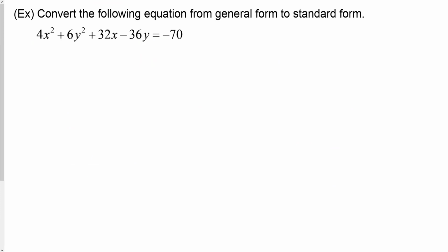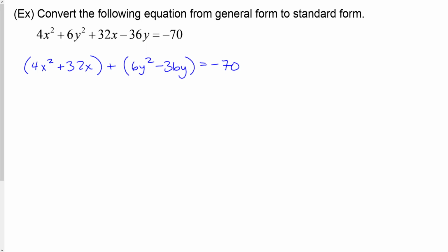Convert the following equation from general form to standard form. Let's see what happens here. So again, I'm going to group the x's and the y's together. So 32x plus 6y squared minus 36y equals negative 70.